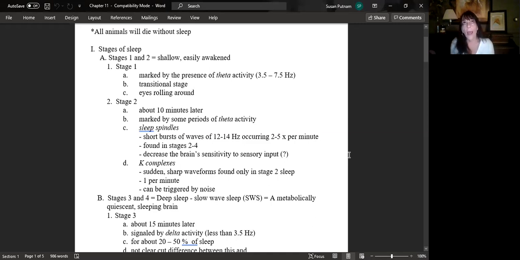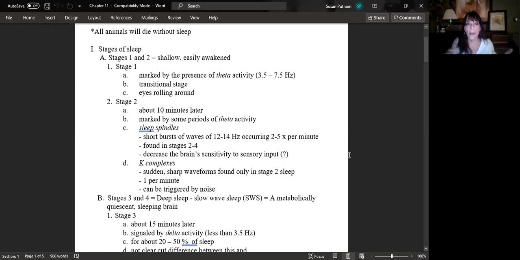One thing that scientists think might happen during these sleep spindles is a decrease in the brain's sensitivity to sensory input. If you watch somebody as they fall asleep, little things will kind of awaken them, small sounds even, or changes in lighting.